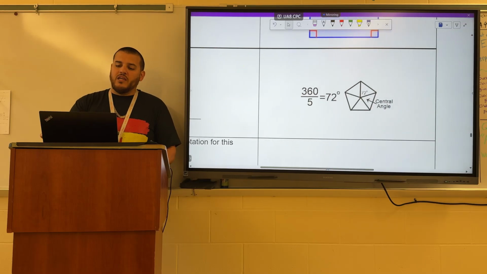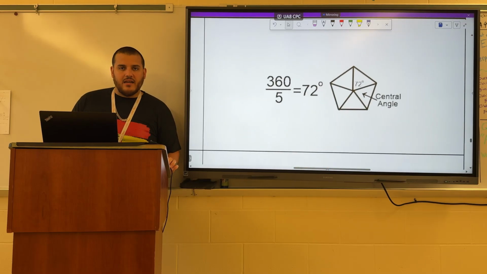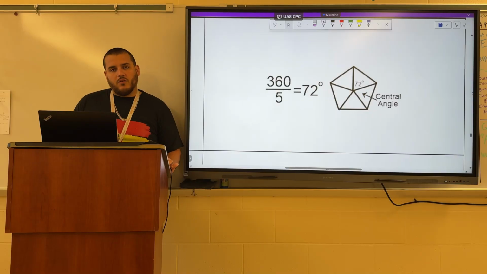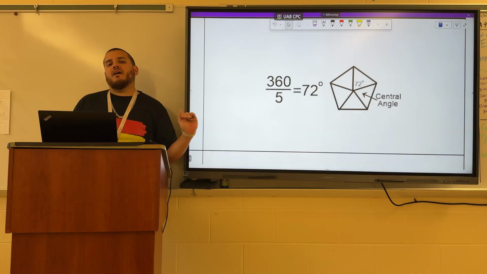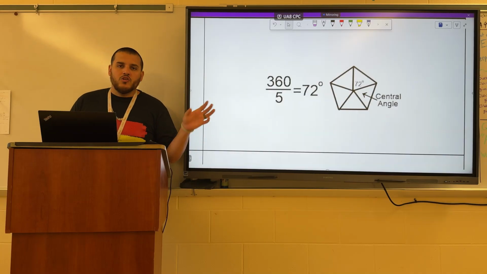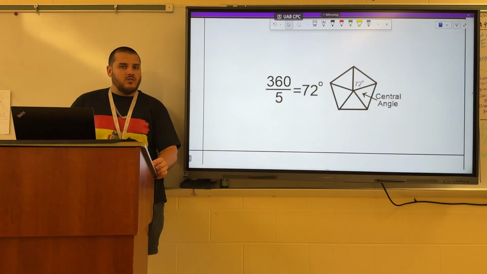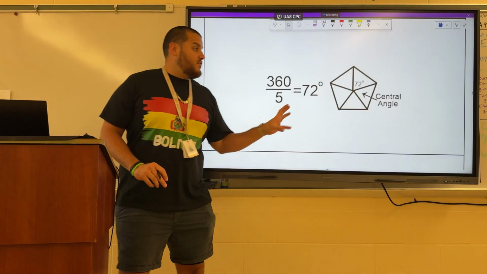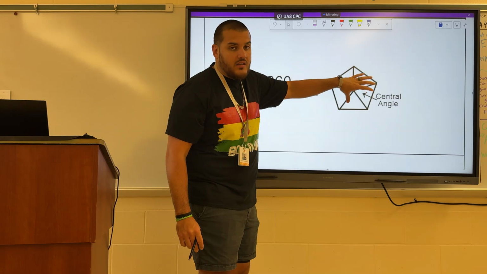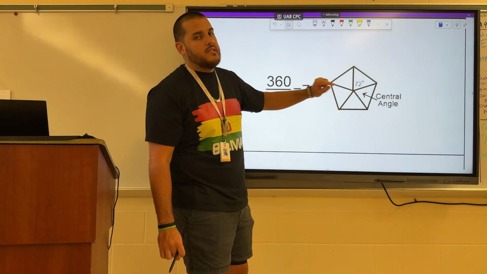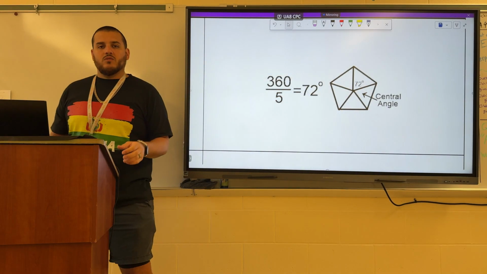For example, if we say this is a regular pentagon, the angle of rotation for it would be 360 divided by 5, because there's 5 sides or 5 vertices on our figure, which would give me an angle of rotation of 72 degrees. Again, what that means is if I take this figure and from the center rotate it 72 degrees, it will look exactly as it does right now because it has rotational symmetry.